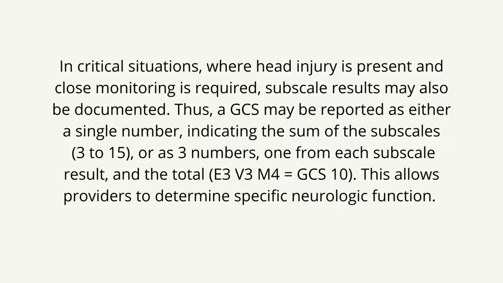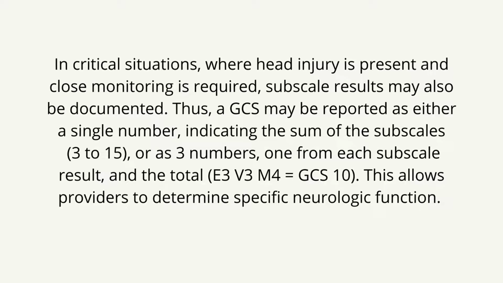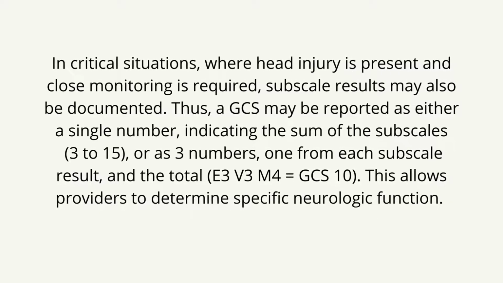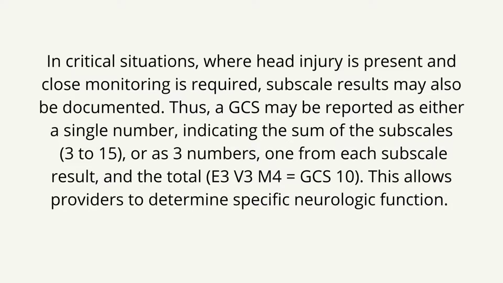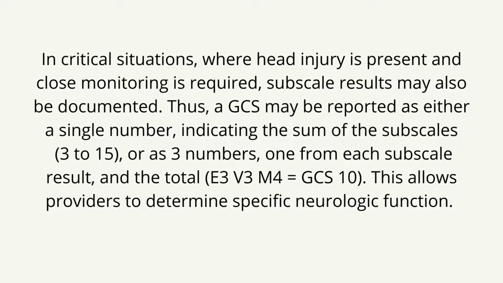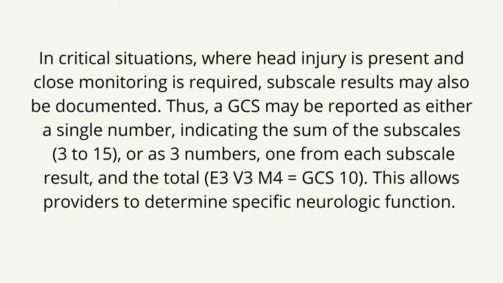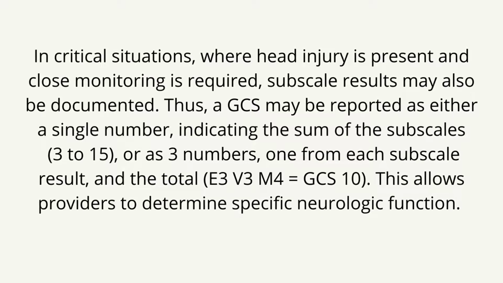Thus, a GCS may be reported as either a single number, indicating the sum of the subscales, 3 to 15, or as three numbers, one from each subscale result, and the total, E3V3M4, equals GCS 10. This allows providers to determine specific neurologic function.